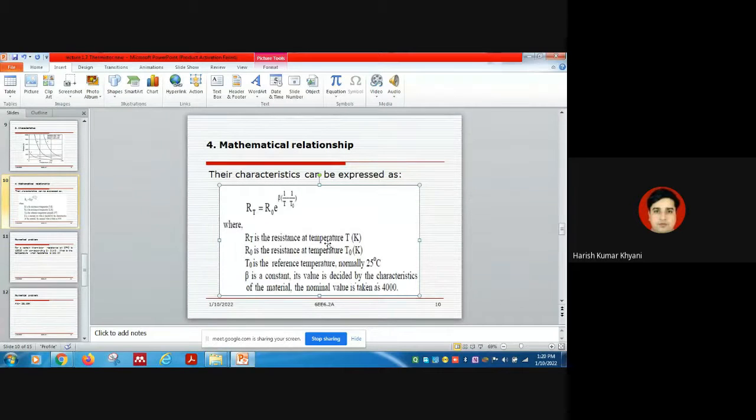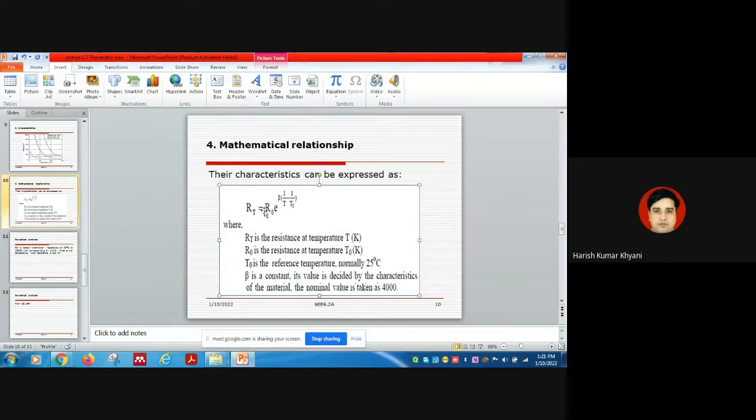Yesterday I also mentioned the reference temperature is usually 0 degree centigrade, but sometimes it may be 20, 25, or even 30 degrees. It depends upon the problem under consideration. So it varies between 0 to 30 degrees centigrade, right? Here you can note down one important point, that all the temperatures are in Kelvin. Please take note of that.